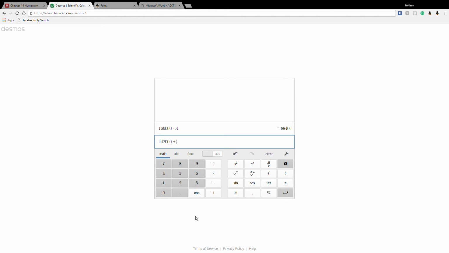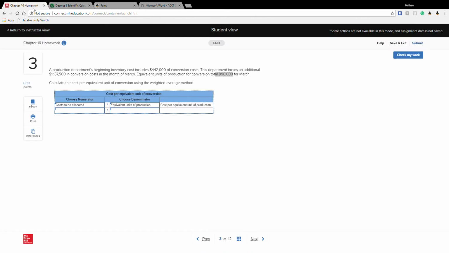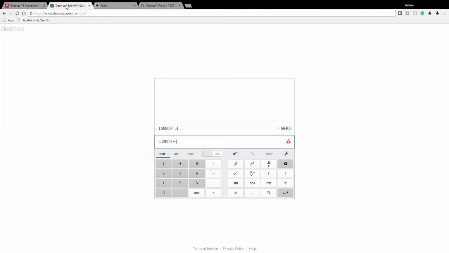And we take the beginning. And we're going to add the cost incurred, which was 1,137,500. Tell it to enter, and we have 1,579,500.